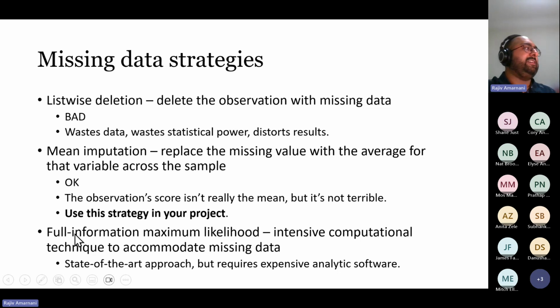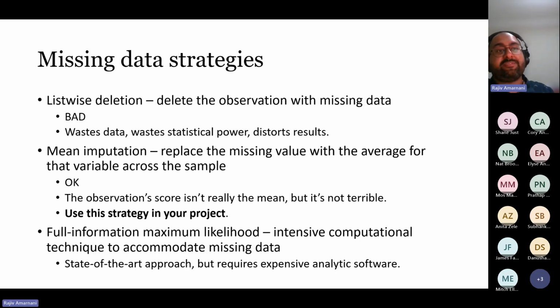And then the state-of-the-art approach is something called full information maximum likelihood, which in simple terms tries out a bunch of different values for the missing data, and then gives you a distribution of the likely effect, assuming these possible values of the missing data. It's very computationally intensive. Excel can't do it in a simple way.